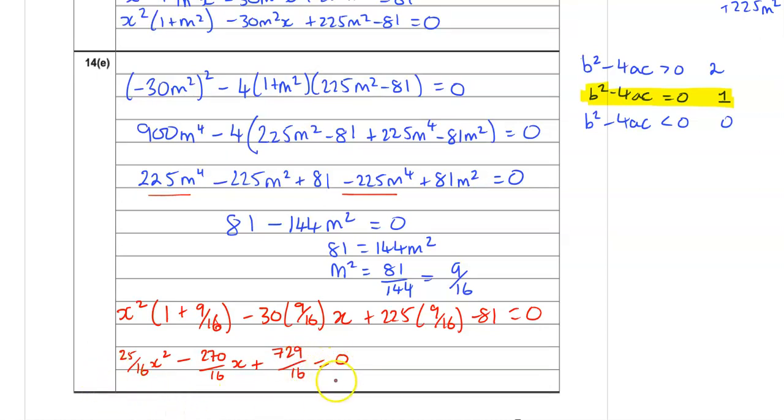And then we could multiply everything through by 16 if we wanted, to make it 25x squared minus 270x plus 729 is equal to 0.